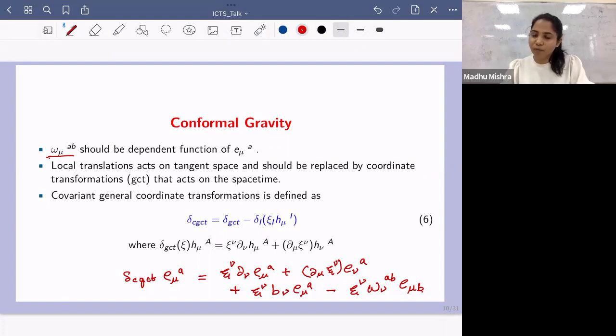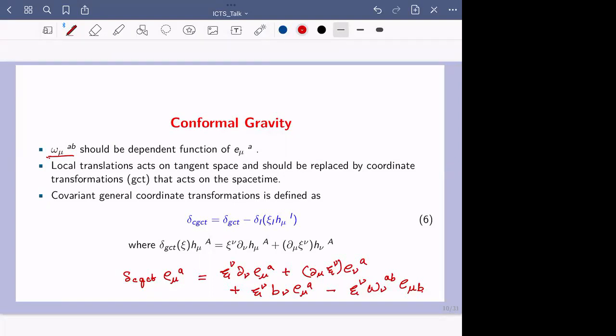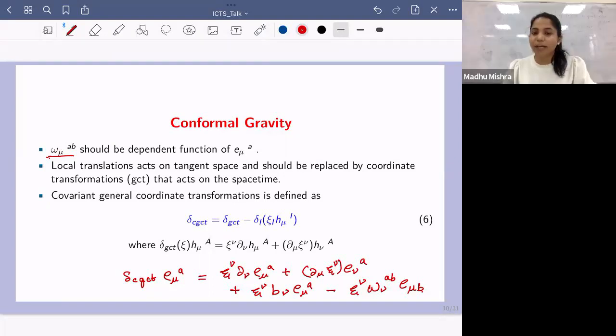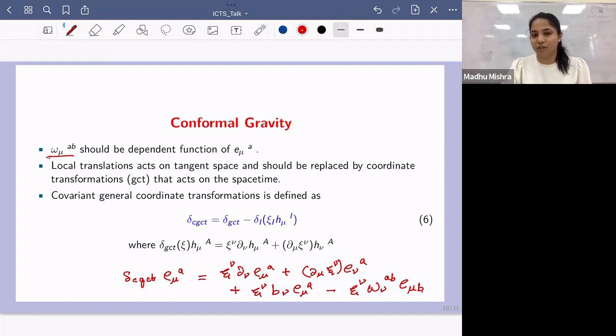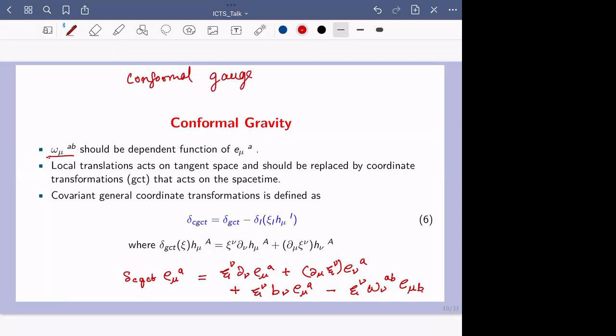So that is why we have to go from local translation to general coordinate transformation. This part you understood. And then to encapsulate conformal symmetries, we have to covariantize this general coordinate transformation. So in the end, we will have conformal gravity, but not the conformal gauge theory. Okay, so you're saying that the extra symmetries act on the A index instead of the mu index.